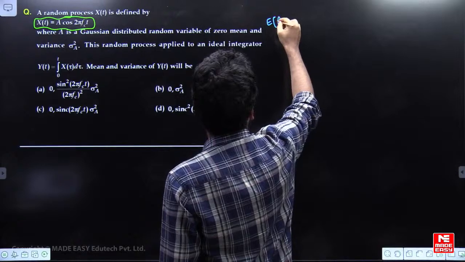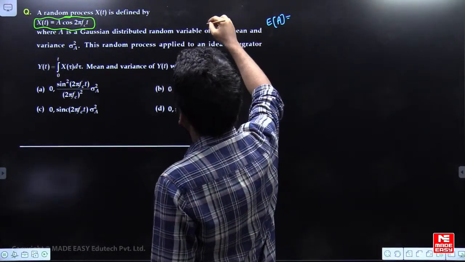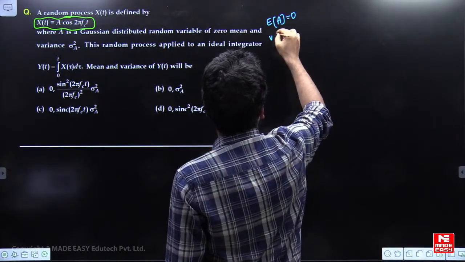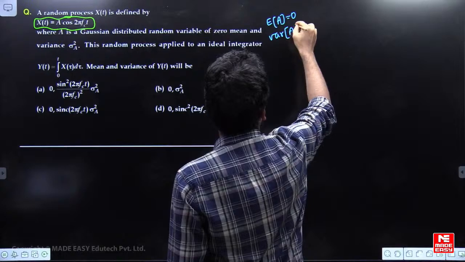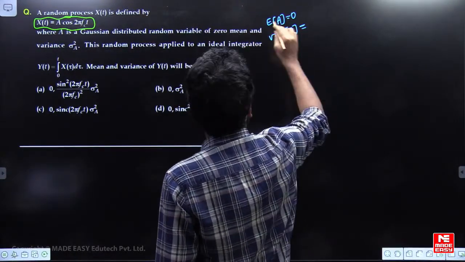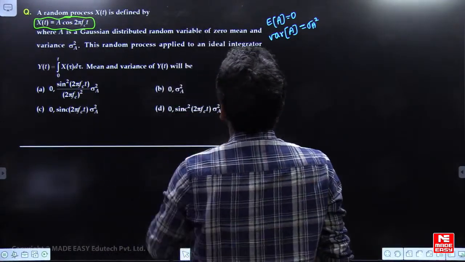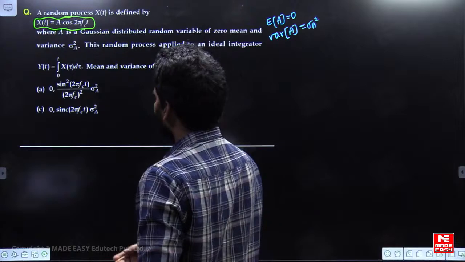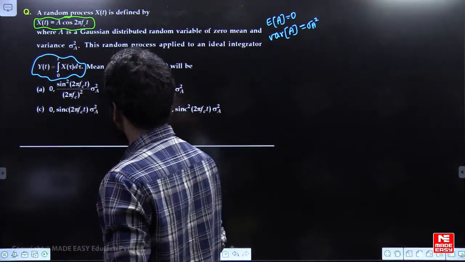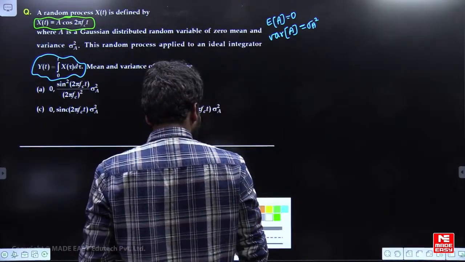Expectation of A is 0, mean 0, and variance is denoted sigma_A square. This random process is applied to an ideal integrator, where the relation between x(t) and y(t) is given. Then we have to find out the mean and variance of y(t).